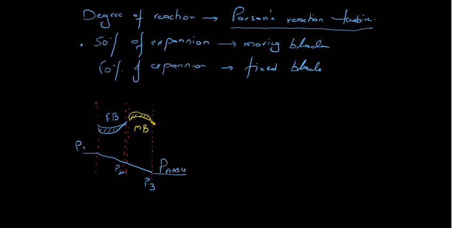That means there is a gradual change of pressure from P1 to P2, P2 to P3 over a fixed blade and a moving blade, right?